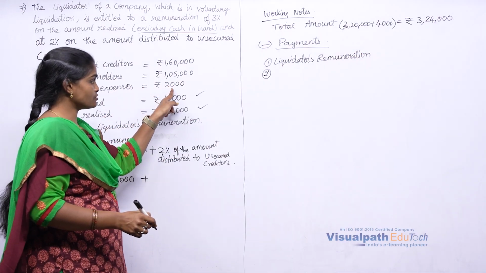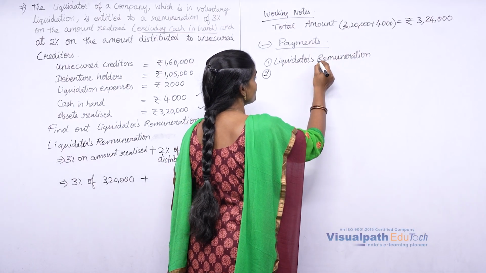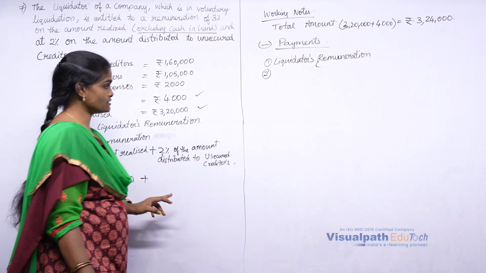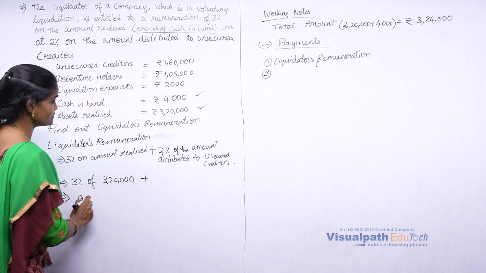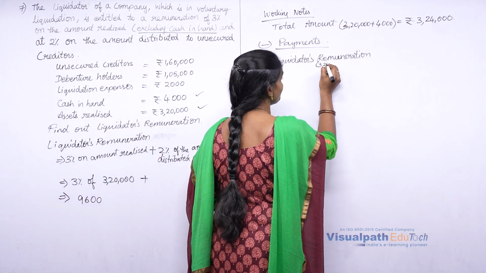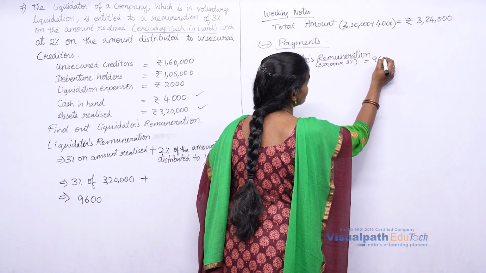Liquidation expenses is also given as 2,000. Deduct liquidation expenses also. For liquidator's remuneration, first we have calculated 3% of 3,20,000. How much is 3% of 3,20,000? It is 9,600. So 3,20,000 into 3%, we get 9,600.